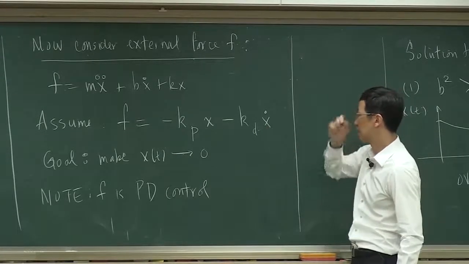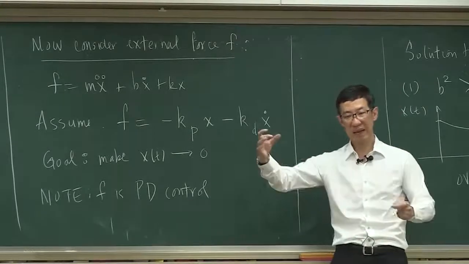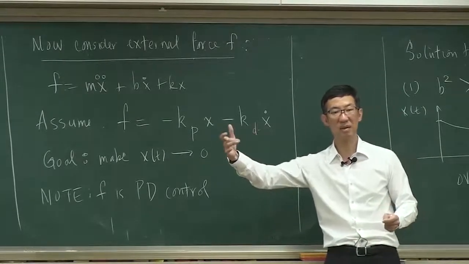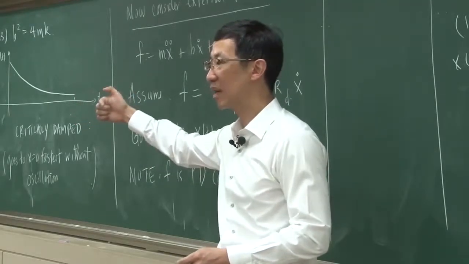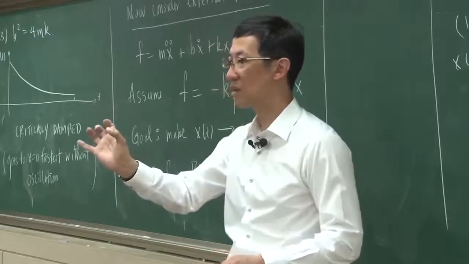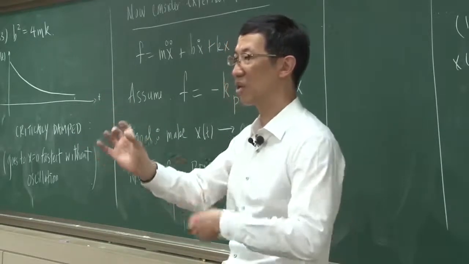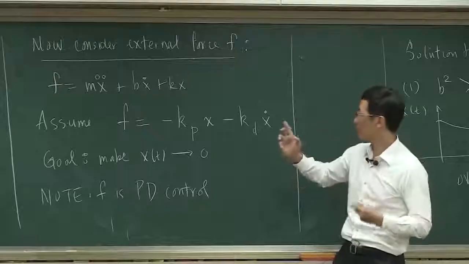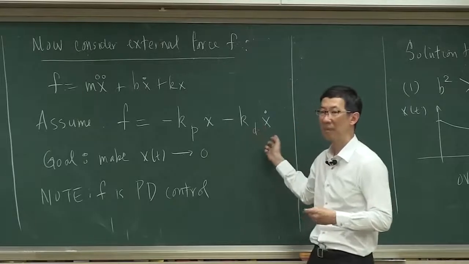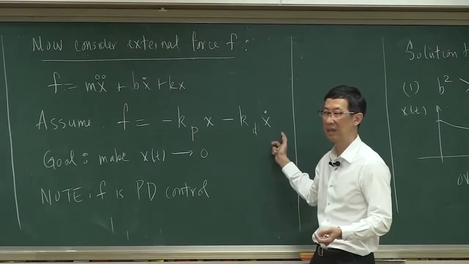The idea here is we start at x equal to something non-zero, and we want to apply a force to the mass to make it go to x equals 0, as fast as possible without overshooting, like the critically damped case. But we're going to assume F is of this form.